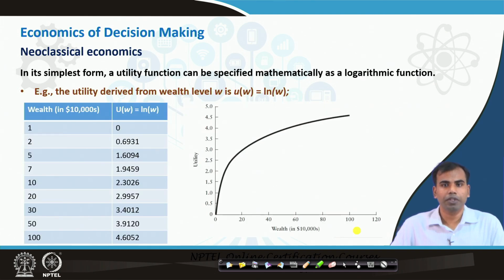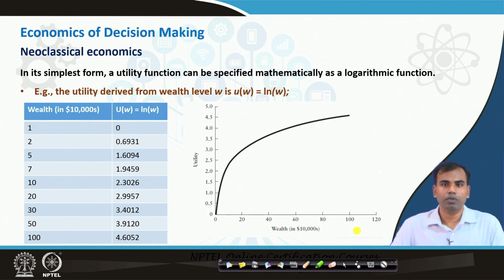If you look at the table, you observe that in one column the numbers represent the wealth that an individual or economic agent might have or the outcomes might yield, and in the other column the numbers represent the logarithmic function of the numbers given in the left column.